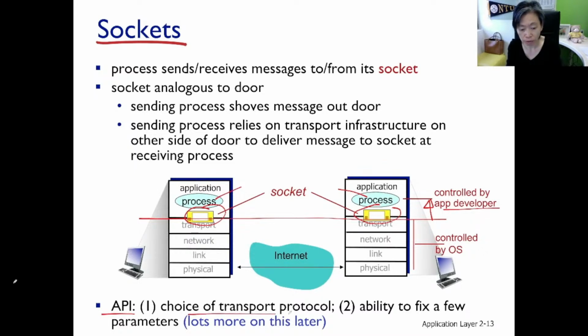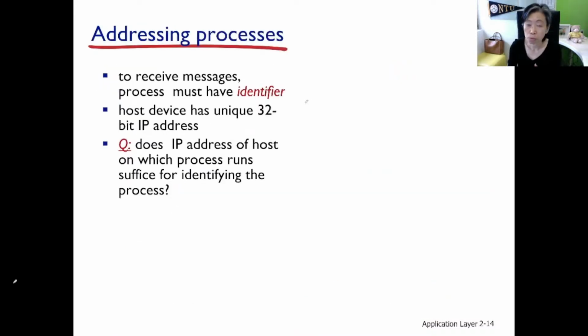That includes defining the transport layer protocol to use, as well as a number of other important parameters, such as the port number of the receiving process. The most important parameter to set for a socket is the address of the receiving process. Therefore, for each process running on the internet, we need a unique identifier.